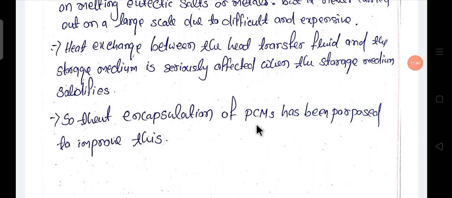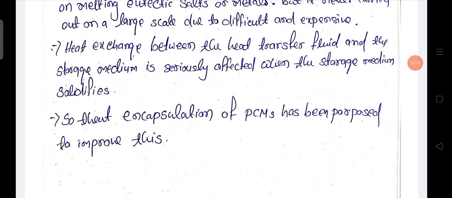Okay, so encapsulation of PCM has been proposed to improve this. That means insulating the tank from the outside environment, so that the outside temperature doesn't have any effect on that material. We should take care of that technology, insulating the whole tank from the outside temperature.